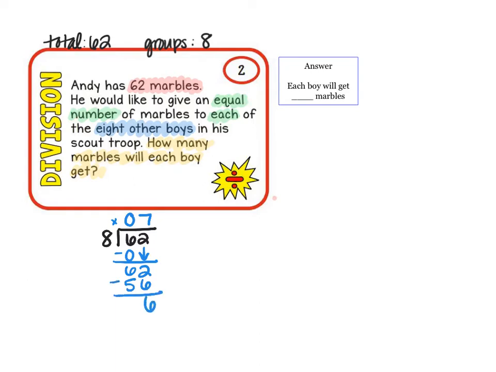So my quotient would be 7 with a remainder of 6. In this situation, what do you think we're going to do with the remainder? So this 7 tells me that that's the number of marbles in each group.